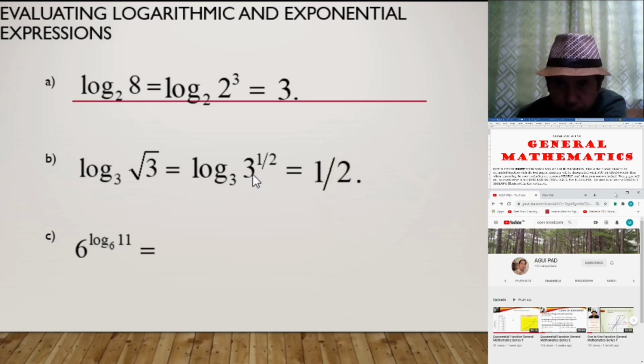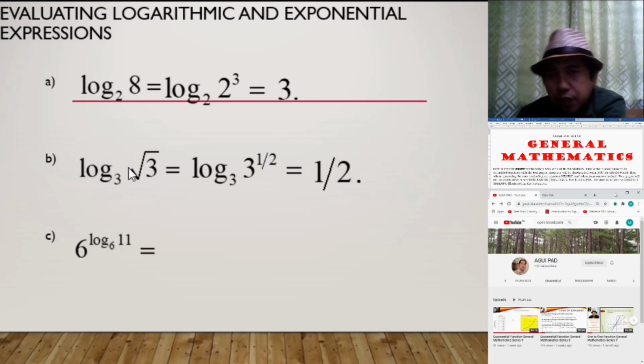Okay? So again, log of the square root of 3 with a base of 3 will be the same as log of 3 raised to 1/2 with a base of 3. Where did this 1/2 come from? This is the conversion of the radical number to a fractional exponent.